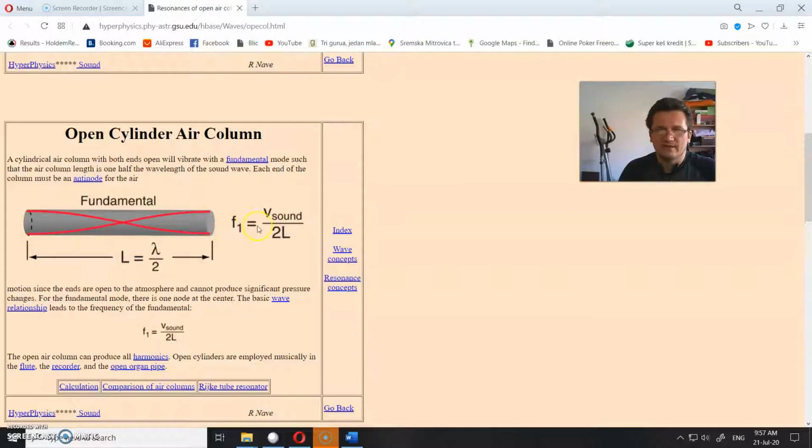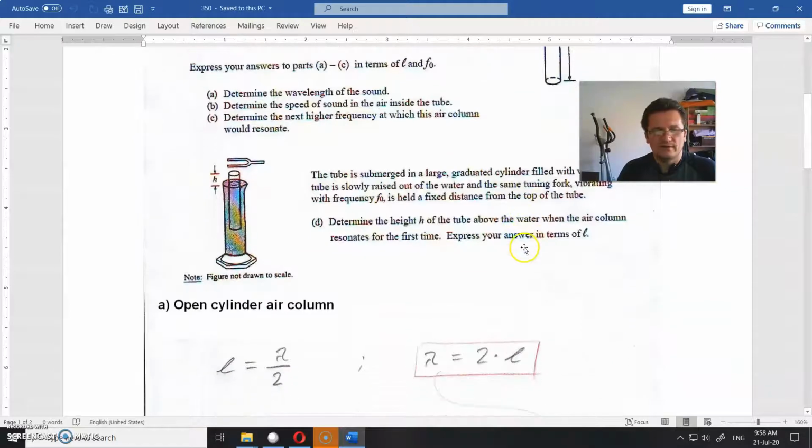Actually, frequency of anything wavy is when you divide the speed of the wave by its wavelength. And 2L is actually lambda. So L is lambda divided by 2, where L is length and lambda is wavelength, and from here lambda is 2 times L.